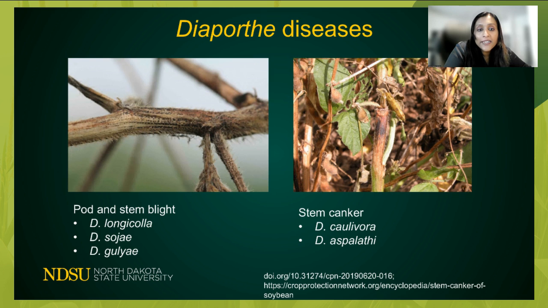Spot stem blight, as of 22, is caused by 3 fungi, Lonticola, Sauget, and Goulier, and stem canker is caused by 2 fungi, Collivora and Aspergillati. The most important thing to keep in mind is that it is really difficult to find a soybean plant that has just one or the other fungus. It's usually a complex. There could be 1 or 2 occurring on a single plant.